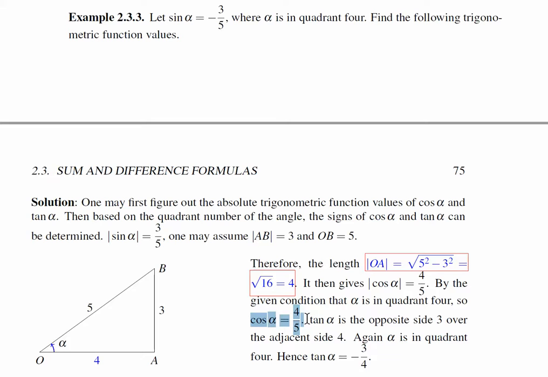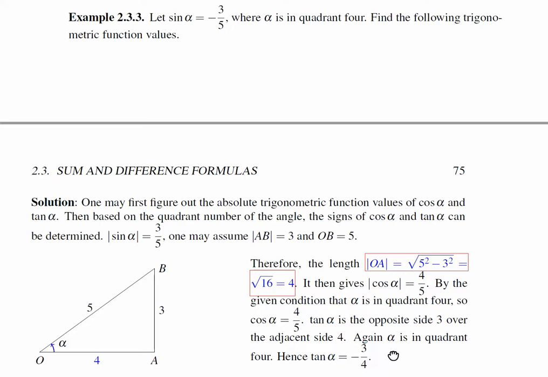Tangent alpha is the ratio of sine, which is negative 3/5, over cosine, 4/5. Then we know tangent will be 3/4. You cancel denominator 5. Here is negative, here is positive. So then you have a tangent alpha is negative, which is opposite side 3 over adjacent 4.